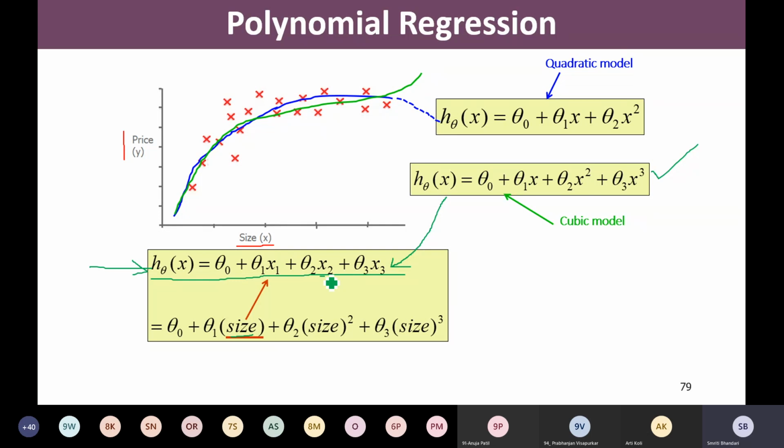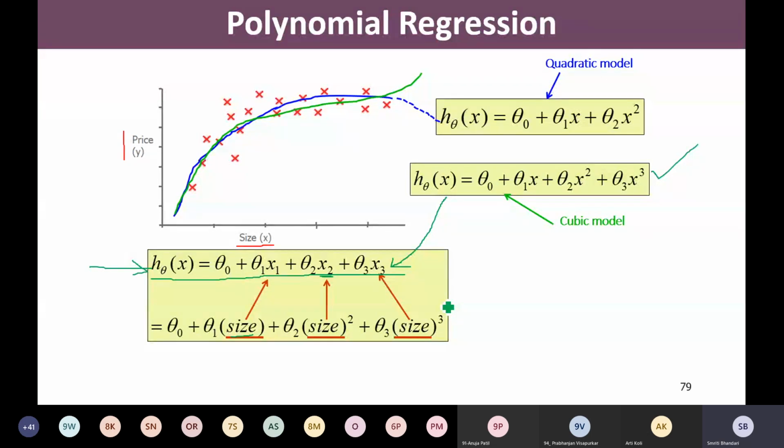This x2, another feature in my multiple regression, might be size square, and this third feature x3 can be replaced as size cube, isn't it?